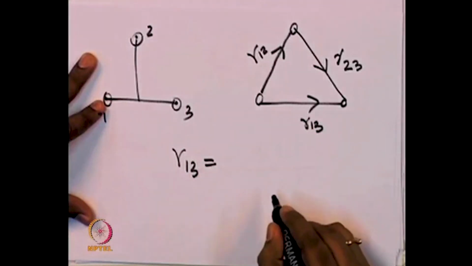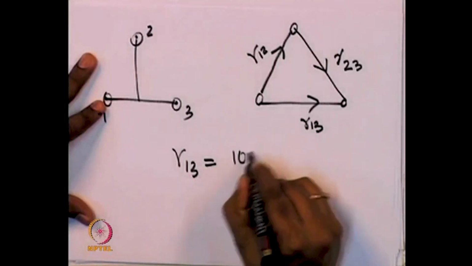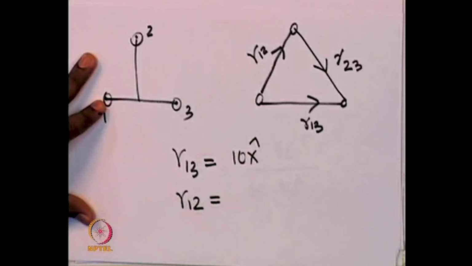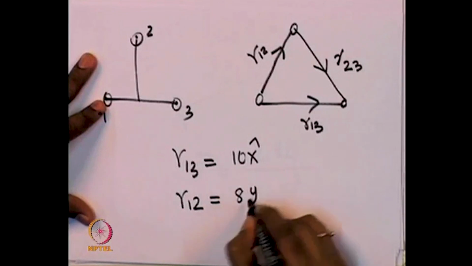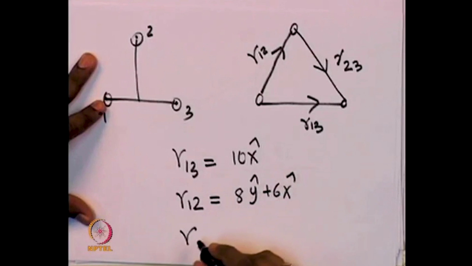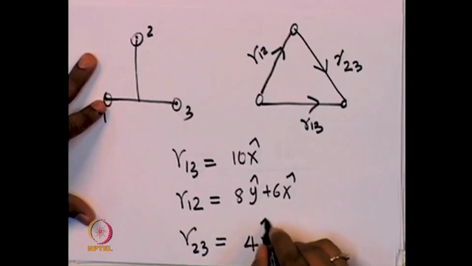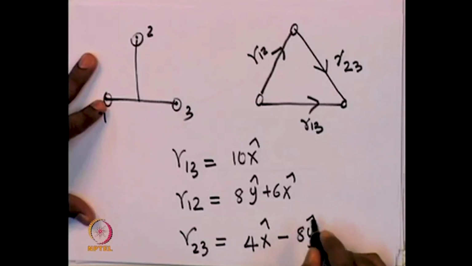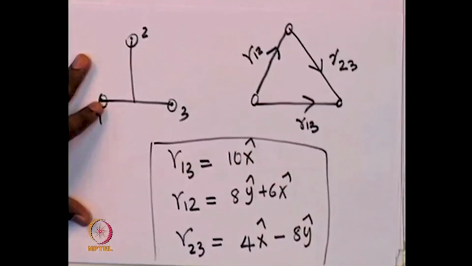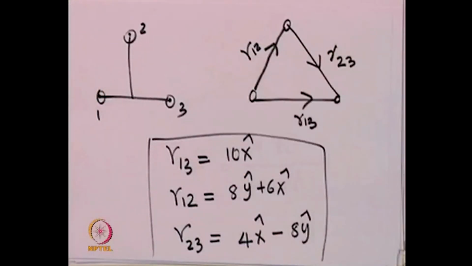R13 we had got as 10x, R12 we had got as 8y plus 6x, and R23 we had got as 4x minus 8y. So we had got three vectors, and these are these three vectors.